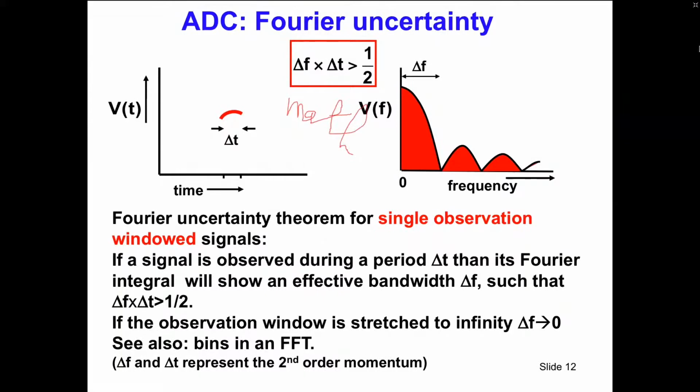Basically, that says if I have an observation window delta t, then the quality or the certainty of my frequency content is given by delta f. And delta f times delta t is smaller than half. Some people use 1 over 2 pi, but the most used formulation is half.